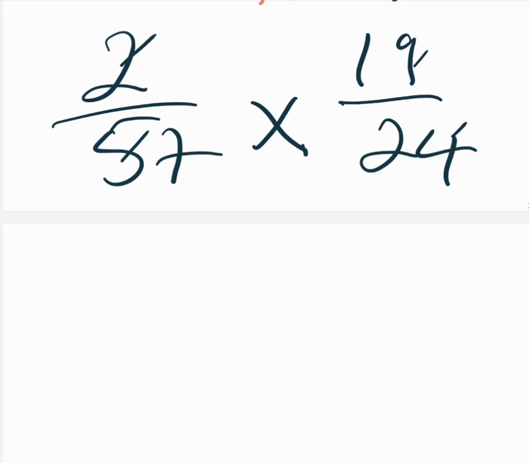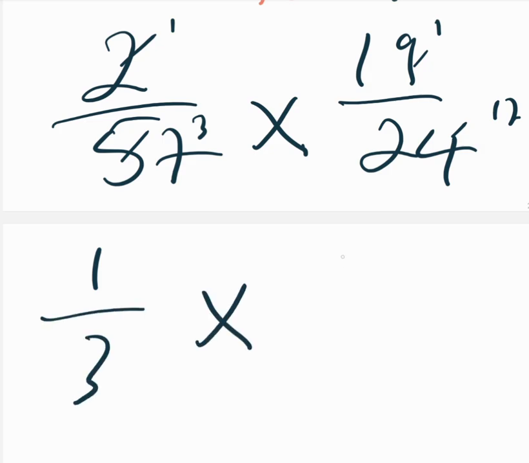So we can divide. 2 divided by 2 is 1. 24 divided by 2 is going to be 12, right? Then 19 divided by 19 is going to be 1. 57 divided by 19 is going to be 3, right? So here we're going to have 1 over 3 times 1 over 12, right?